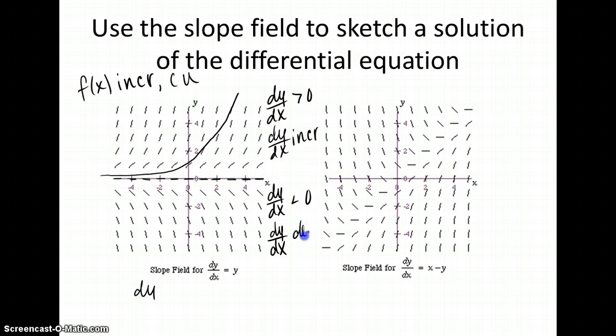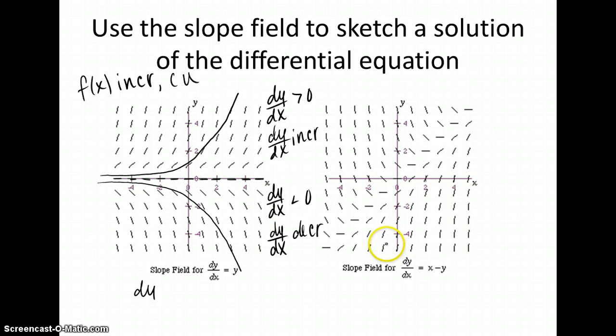And my slopes are decreasing, so my function is going to be concave down. All right, my function starts out, and then I'm tangent to the slope segments. So that could be a solution to that slope field. Now again, I don't have a particular condition, so these are just sketches. And multiple sketches are appropriate if you're not given any information about the function.